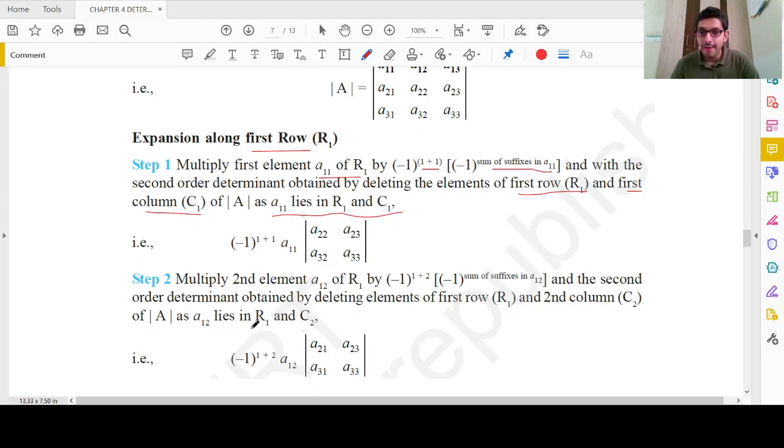Once you delete the first row and second column, the determinant obtained is A21, A23, A31, A33.